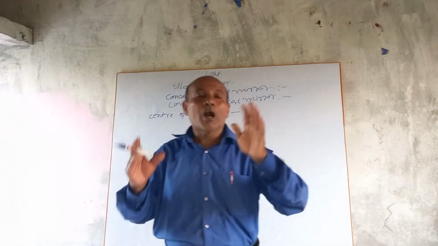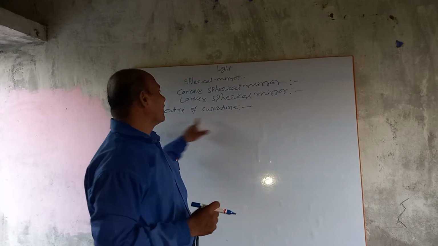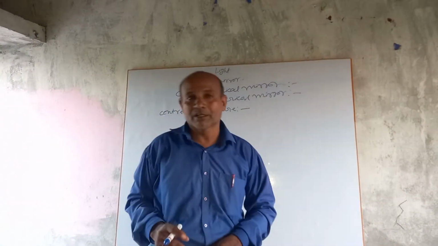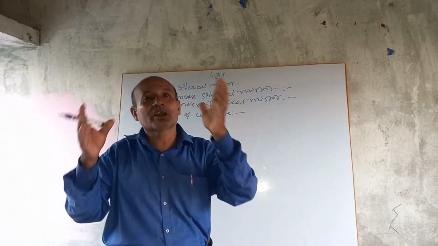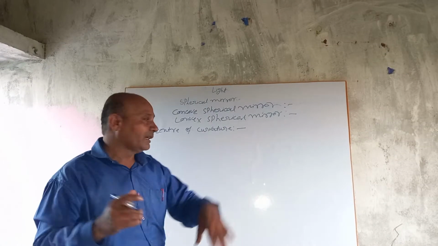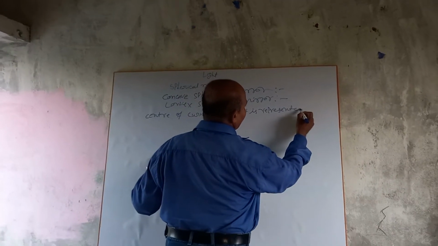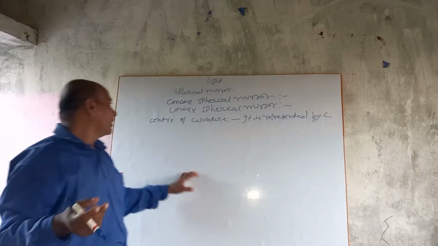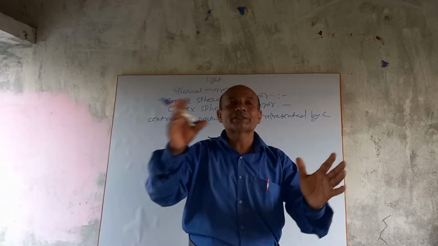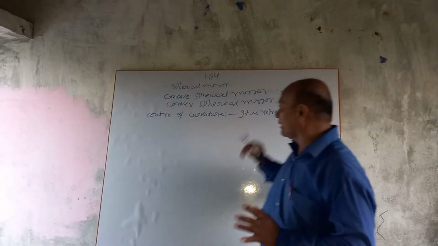The center of the hollow sphere of glass of which the mirror is a part is called center of curvature. It is represented by capital C.